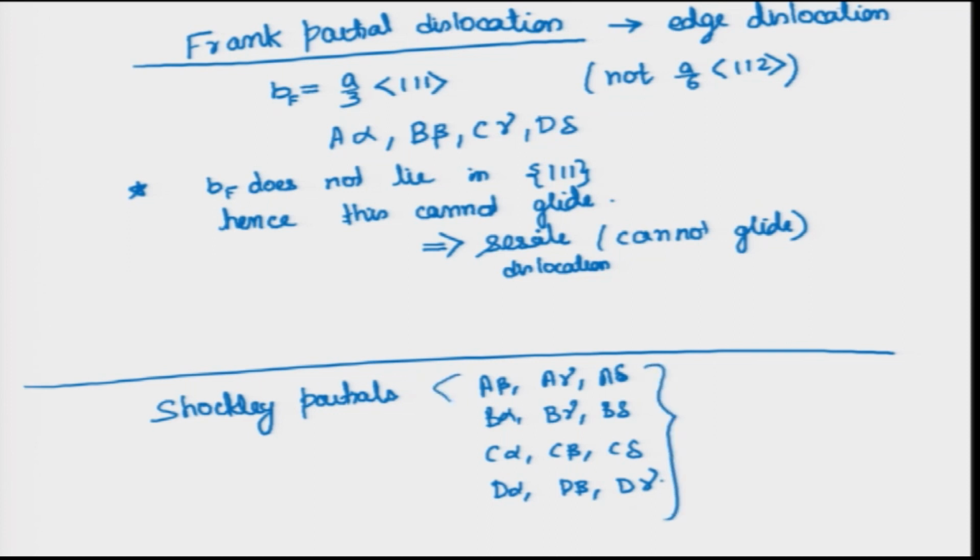These are Shockley partials, and these are glissile, meaning these can easily glide, because remember they are on the 111 plane.